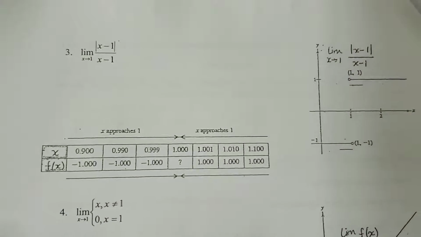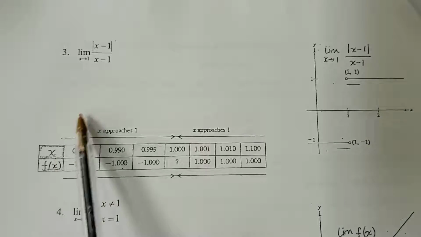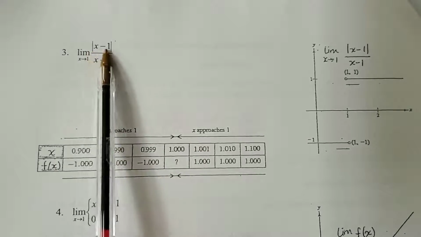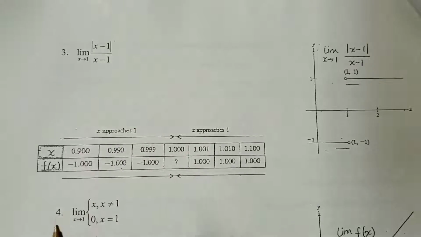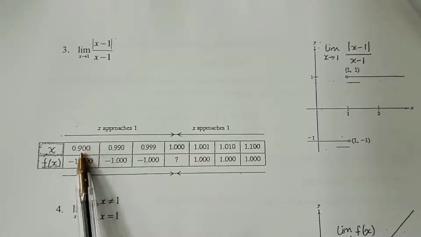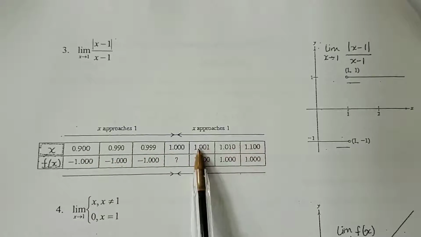Number 3. All right, so here you have the limit as x approaches 1. We're just keeping it simple. We're not changing too many things on you yet. Here we have the absolute value of x minus 1 over x minus 1. Okay, so if we look at the table, again, our x values are getting closer and closer to that positive 1 from both directions.